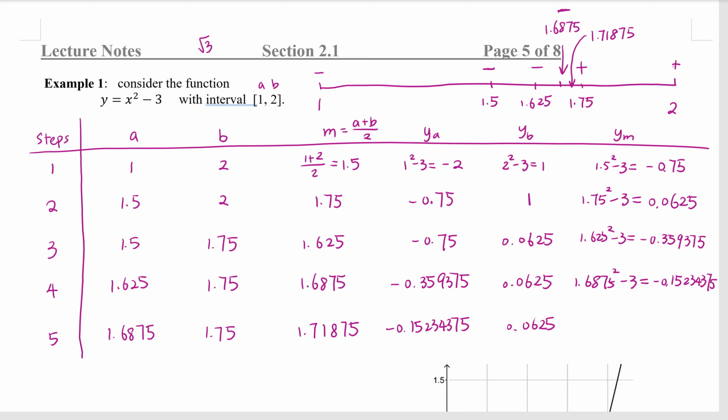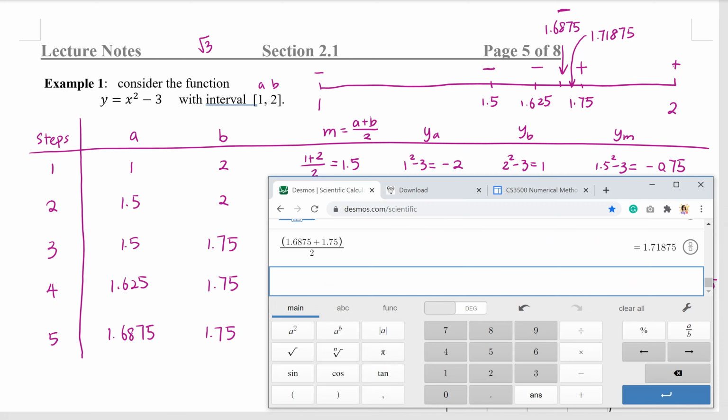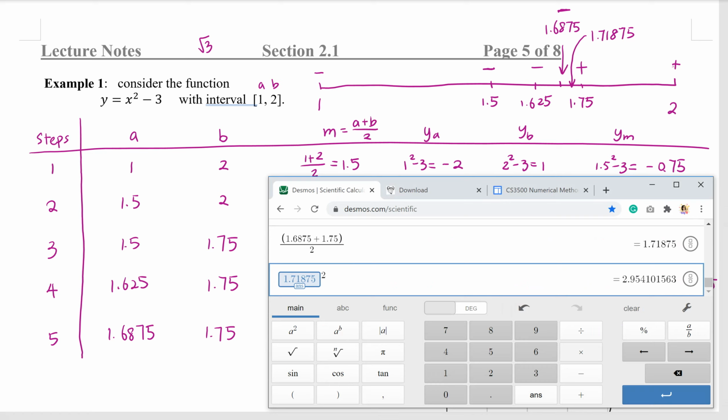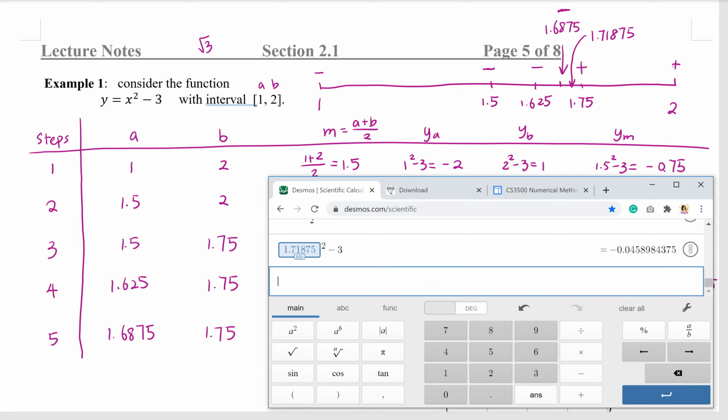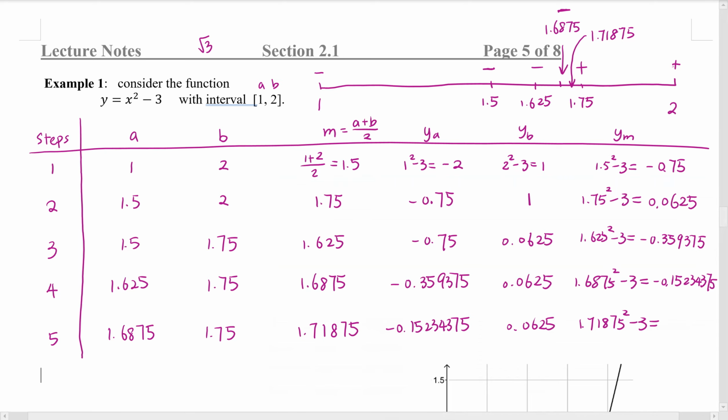And then YM is 1.71875 squared minus 3. What do we get here? The answer squared, and then minus 3. Negative 0.0458984375.